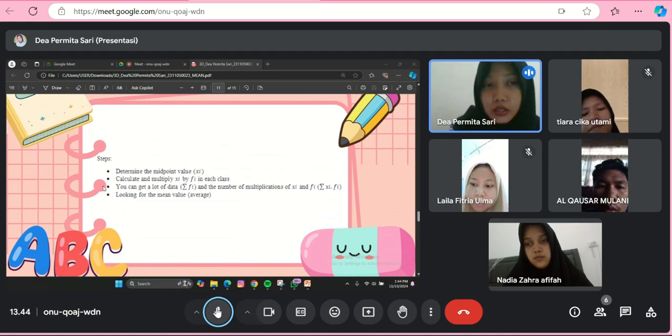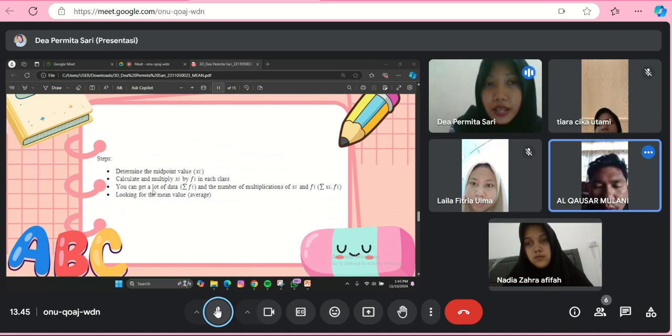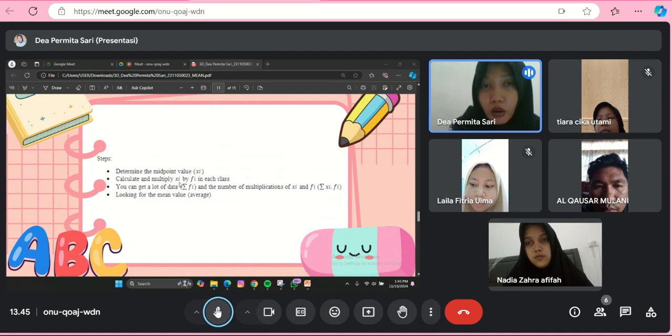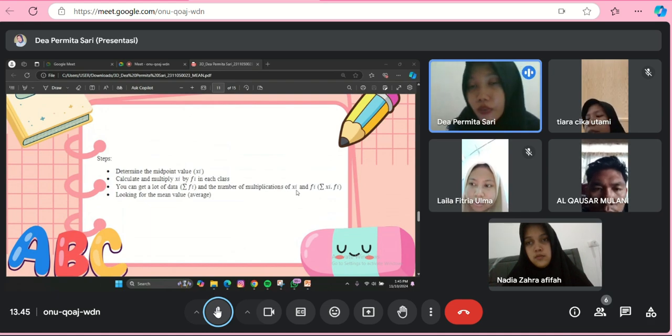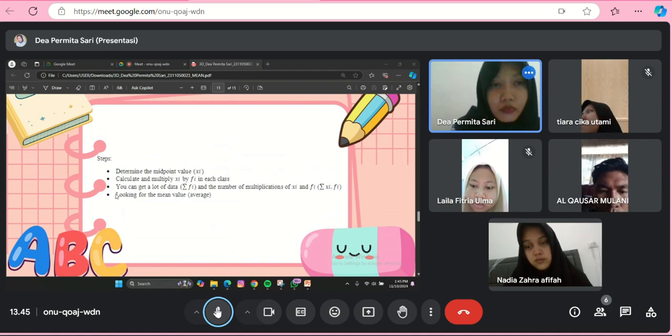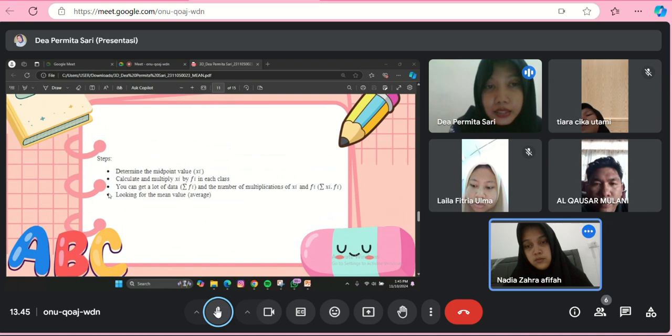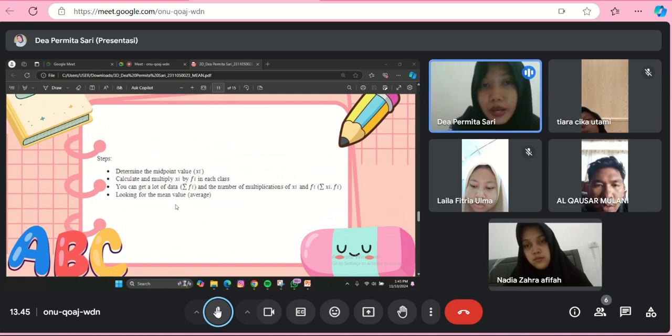Next, you get the total data, or sigma fi, and the sum of the multiplications of xi and fi, or we call it sigma xi multiplied by fi. Last, look for the mean value or average.